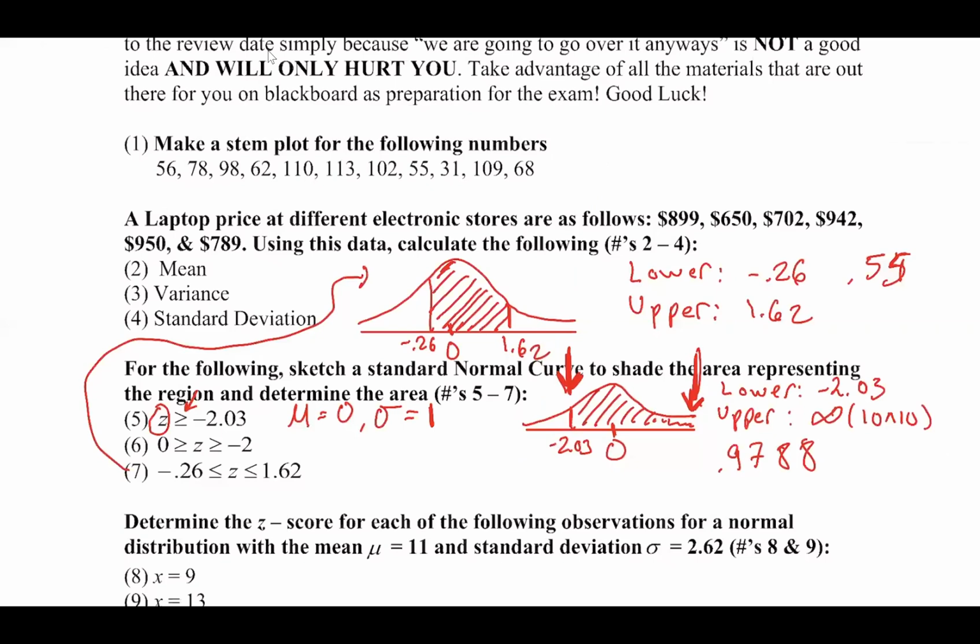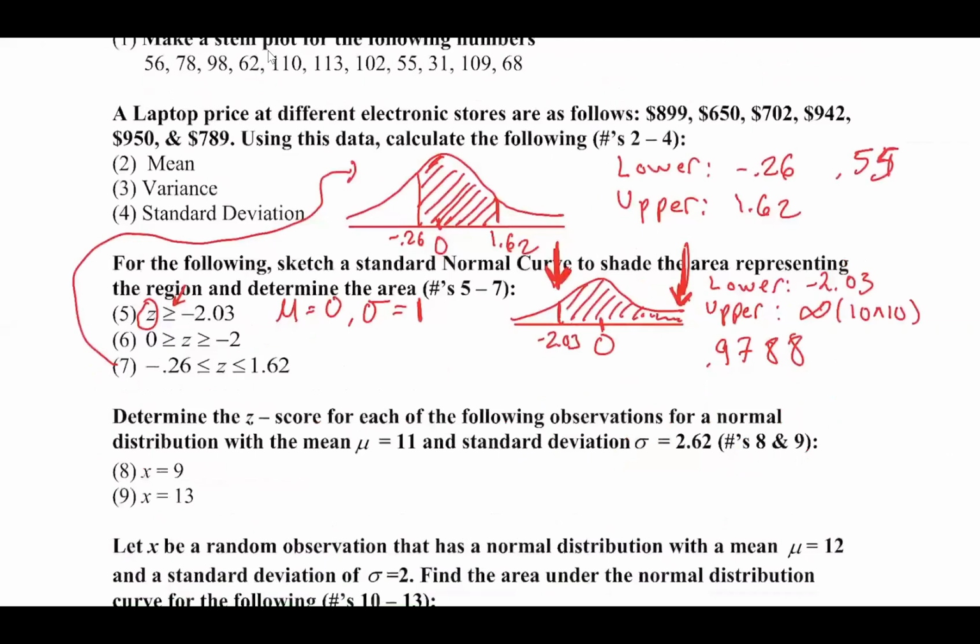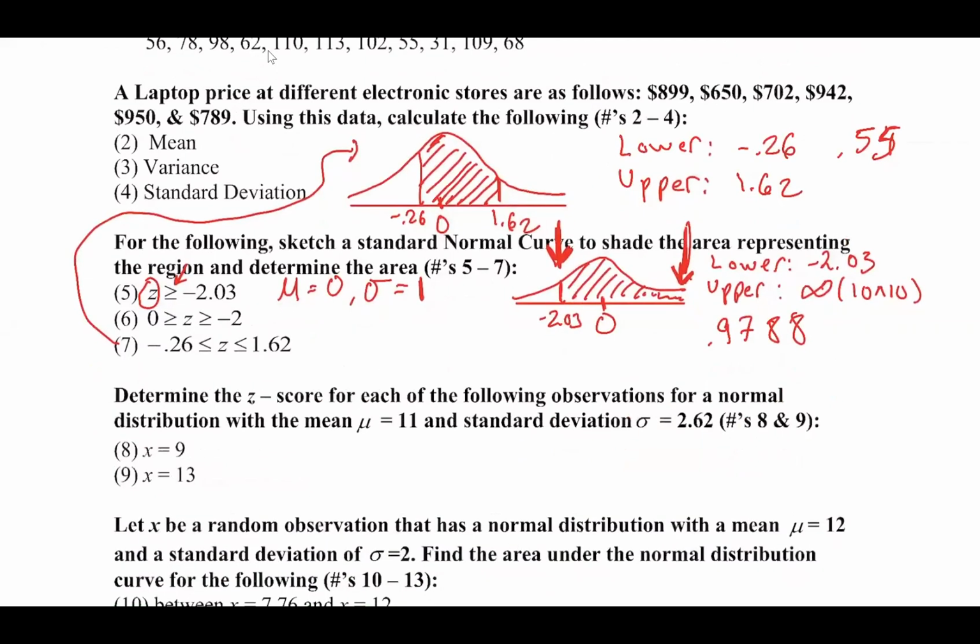Cool, number 8. Number 8 is pretty much just a flashback of test number 1. If you remember test number 1, we went over how to find the z-score. The formula to find the z-score is x minus mu divided by sigma. X in this case is 9. Mu in this case is 11.